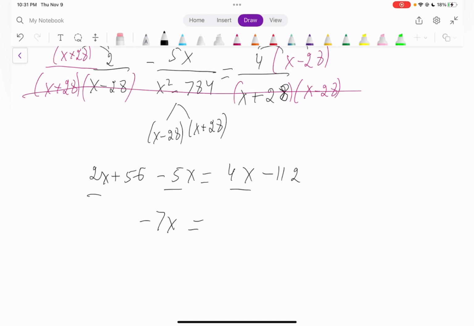Right? Because I have 4x, once I flip it over, it's going to be negative. Negative 56 and negative 112, so we are adding, 8, 6, 168. And x is equal to, when I divide by 7, first of all it's going to be positive, right? And then 16 by 7 twice, remainder 2, 28 by 7, 4. The answer is going to be 24.